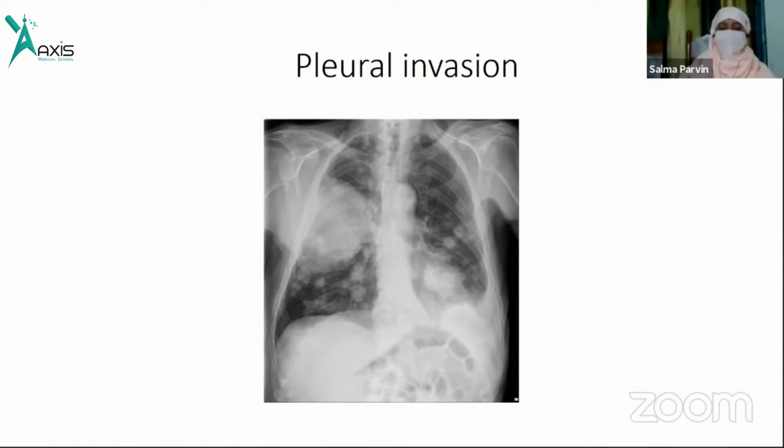This is practically a pleural thickening that is producing a soft tissue strip along the line of invasion of the neoplastic lesion, not to be confused with pleural effusion. Here it is a pleural effusion present, and along the right lateral chest wall, this strip is really a pleural invasion.